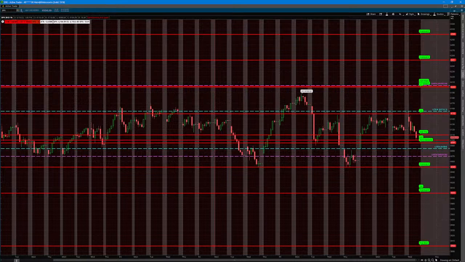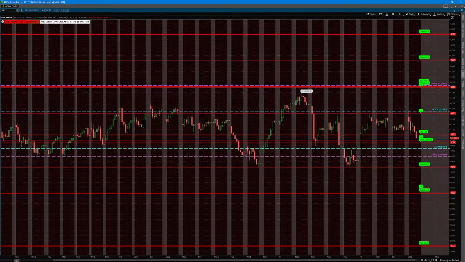This is SPX, and this is showing a 1-hour chart since the beginning of April, and showing that SPX has been trading in a fairly narrow range really since the beginning of April. All right, so let me point out some of the key levels that are in play. Again, this is SPX 1-hour chart in Thinkorswim.